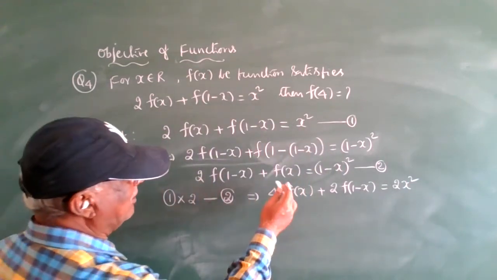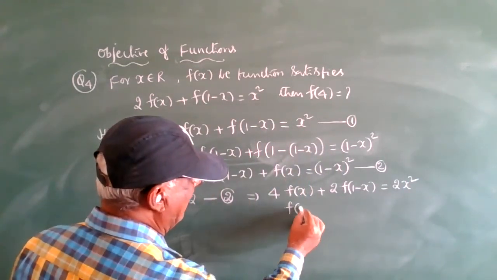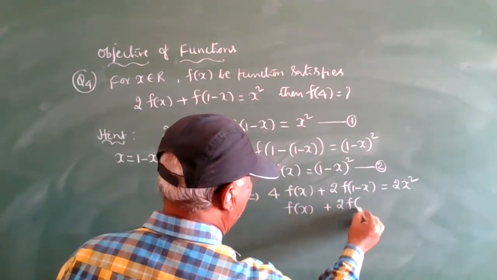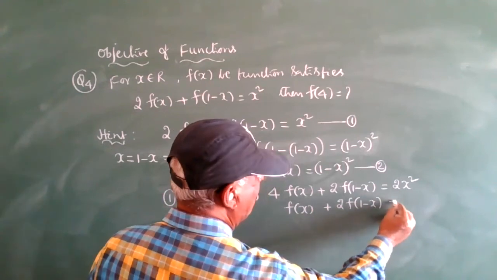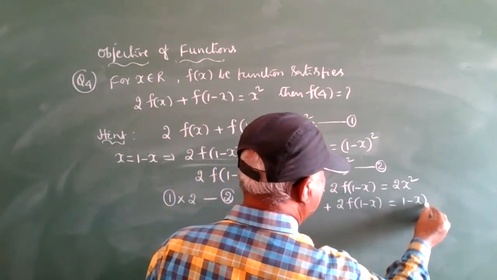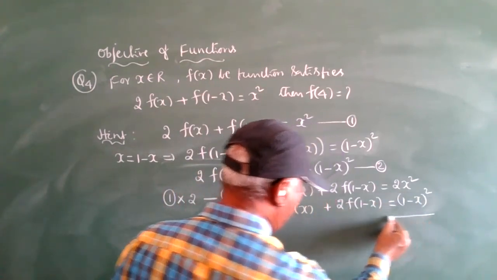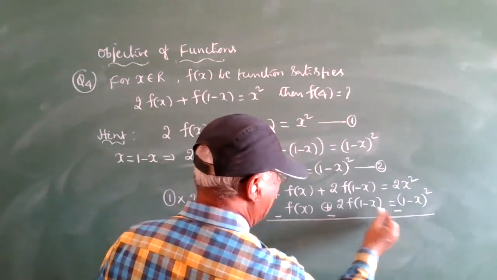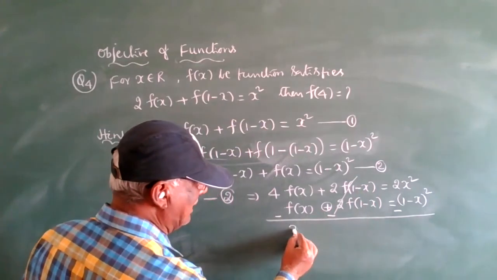Second equation: f of x plus 2 times f of 1 minus x is equal to 1 minus x whole square. Subtract; these two are cancelled.